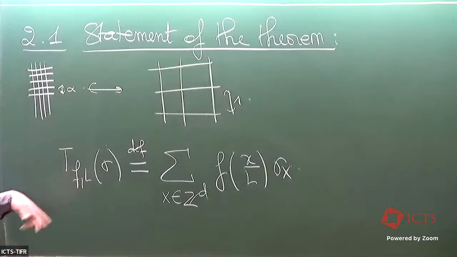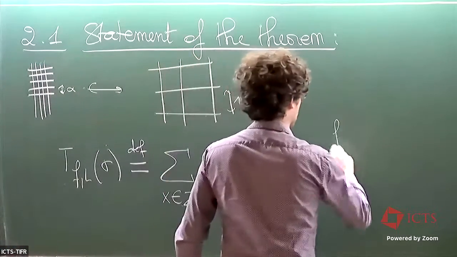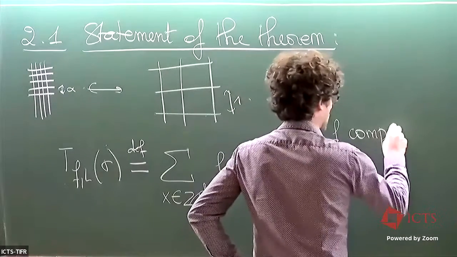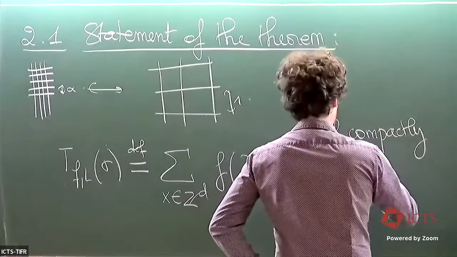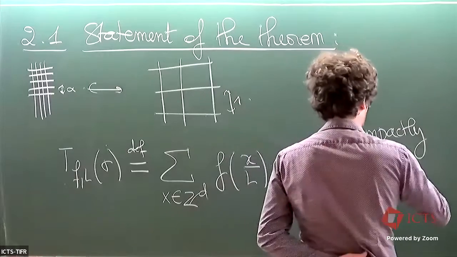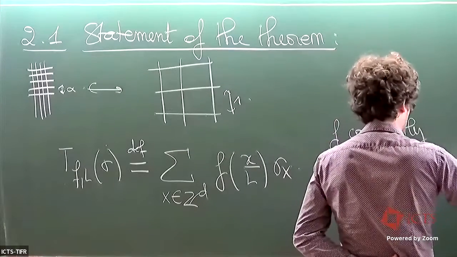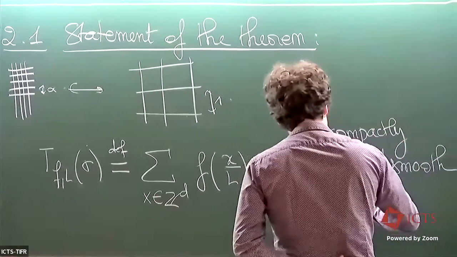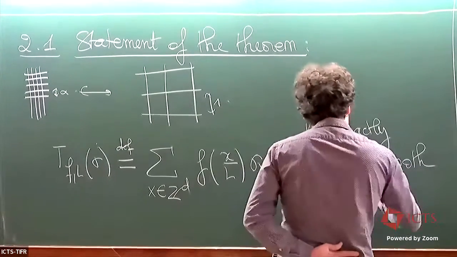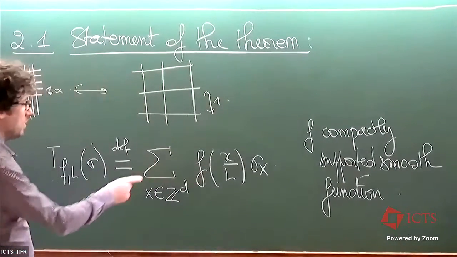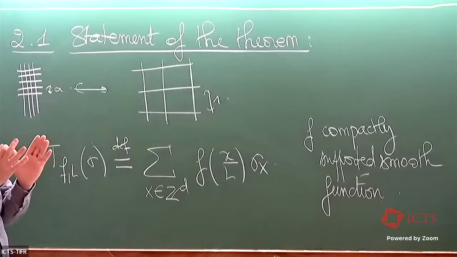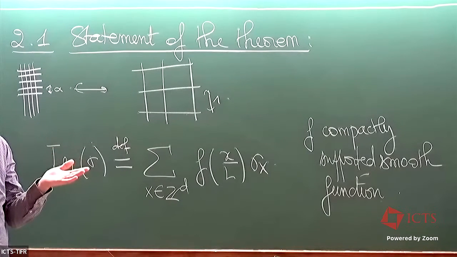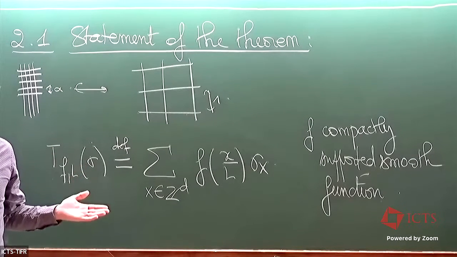Again, f is a compactly supported smooth function. You can also just think of it as rescaling the lattice by a factor 1 over L, and you get the formula that we had before.